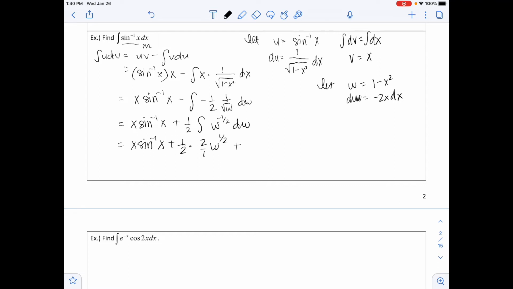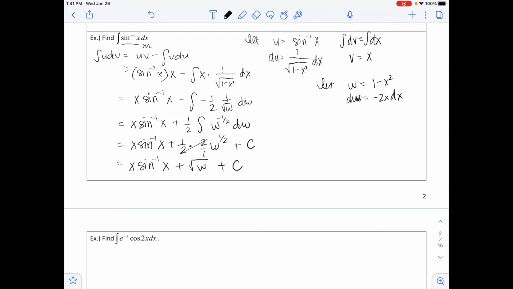I'm going to go ahead and throw my plus c here. From here, I can clean this up. I have x sine inverse of x. My 2's would reduce out, and I have plus the square root of w plus my constant c.